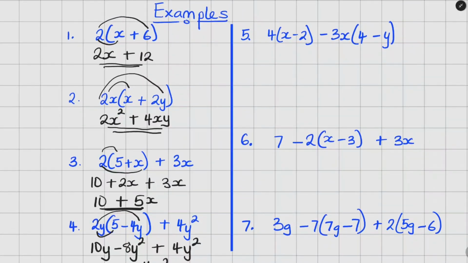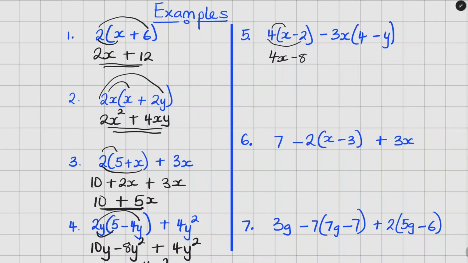Question number 5. Now in question number 5, we have 2 brackets. Not to worry, even if you have 3 brackets in one expression, it doesn't matter. You just need to expand each bracket as you go along. So the very first bracket here, we have 4 times x. That's going to give us 4x. 4 times minus 2, that is minus 8.